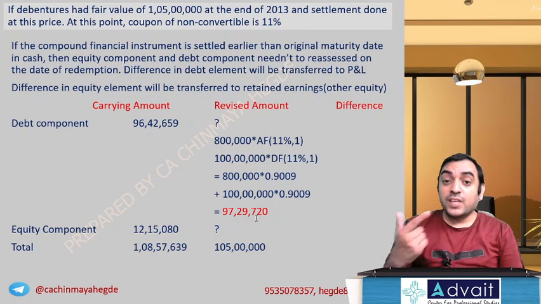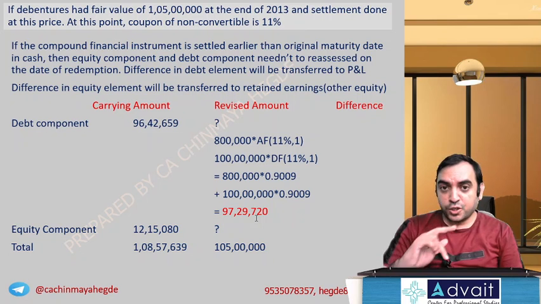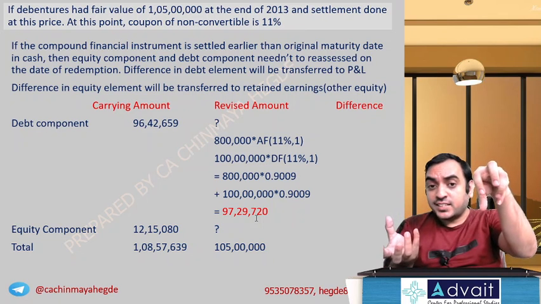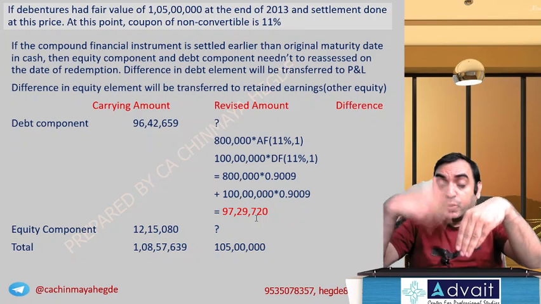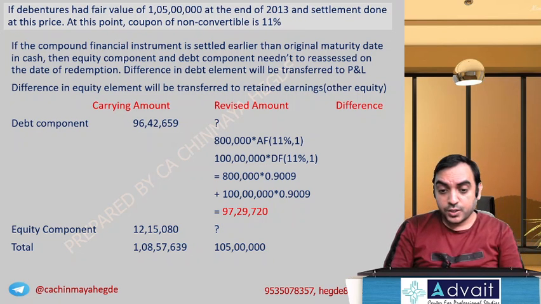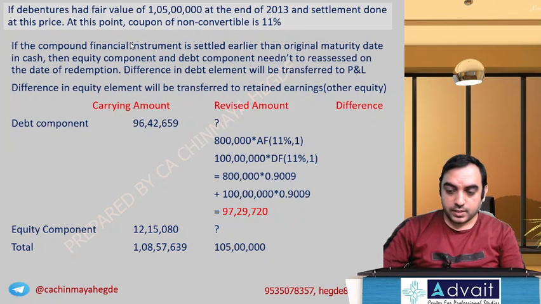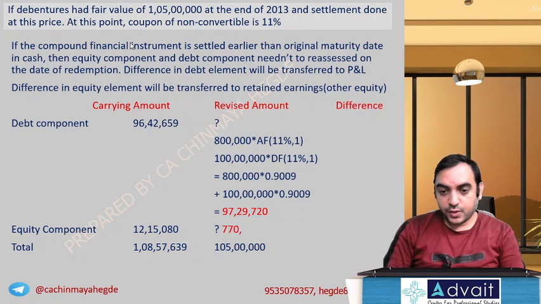Okay. And equity will be a balancing figure. 105 is the fair value of convertible bond, and debt component is 97. Revise, recalculate equity component, balancing figure. So 105 minus this, 7,70,280. Balancing figure.